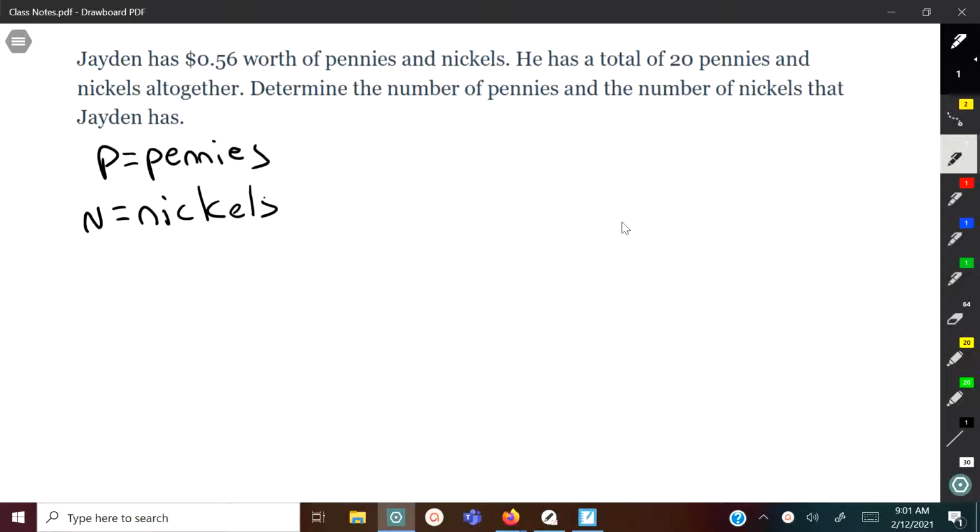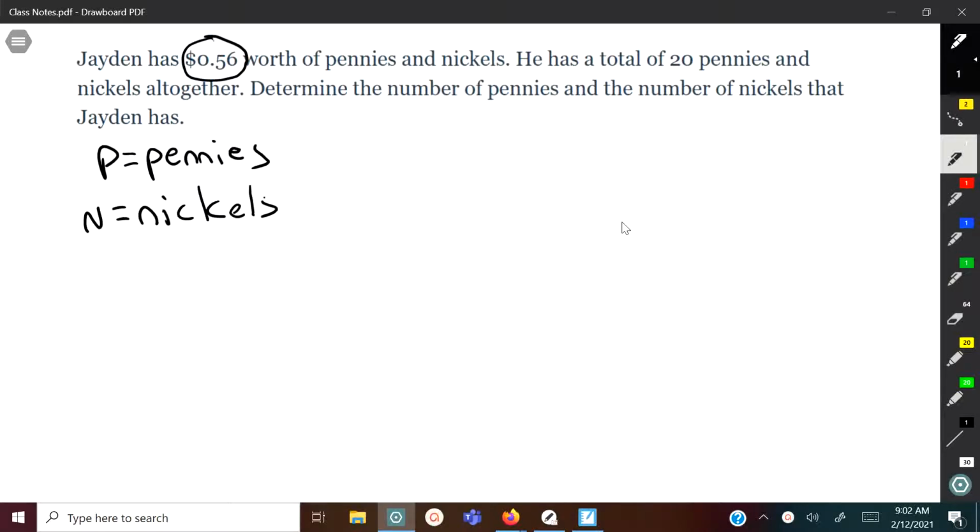And we're going to do the same thing we've been doing. Now, this is going to be a little longer, but we're going to do the same thing we've been doing and set up two equations. Okay? So first, let's work with the total here. So the total is 56 cents. Okay?